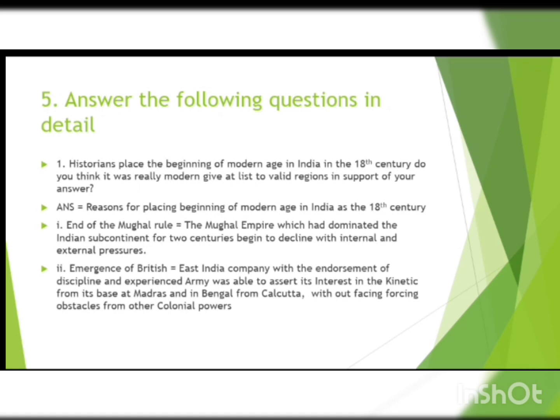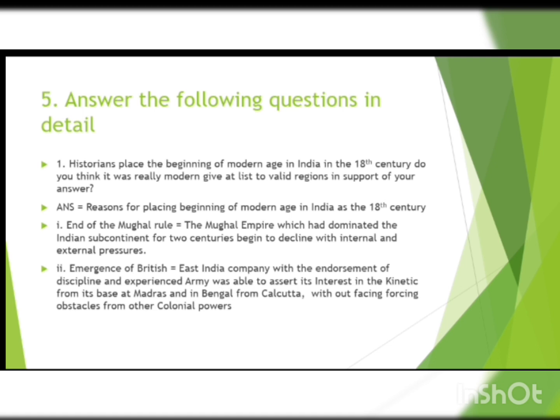Answer. Reasons for placing the beginning of the modern age in India as the 18th century. First, end of the Mughal rule. The Mughal Empire, which had dominated the Indian subcontinent for two centuries, began to decline with internal and external pressures.